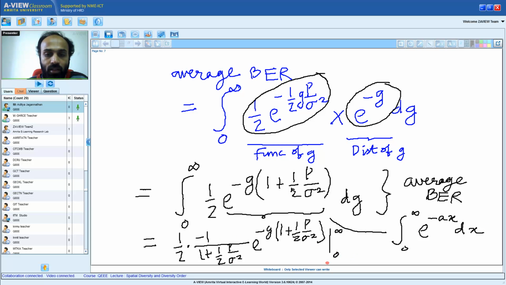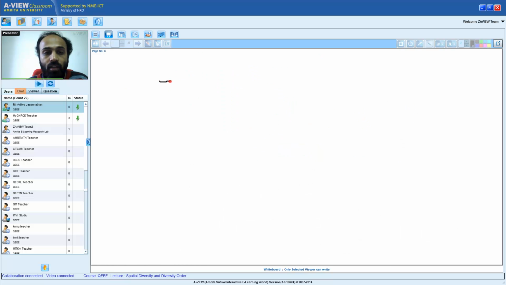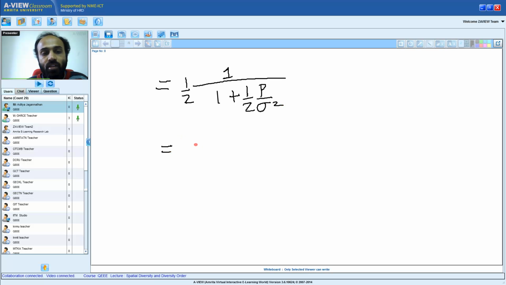So the net answer is basically that: 1 over half times 1 over 1 plus half E over sigma square, which is equal to half times 1 over 1 plus half SNR, where SNR is the transmit SNR.